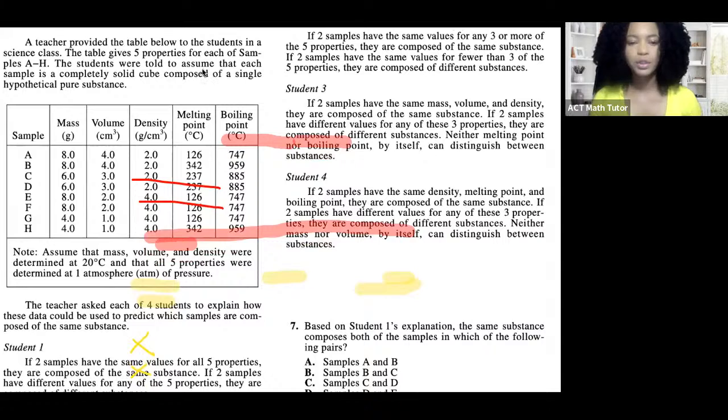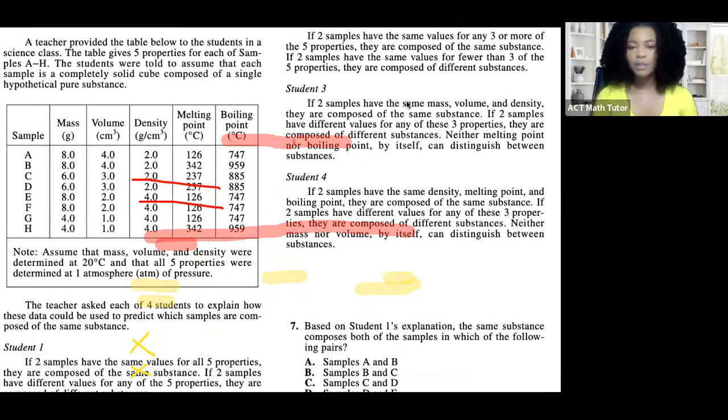Student 2 says, if 2 samples have the same values for any 3 or more of the 5 properties, 3 or more, density is just one thing. That's not 3 or more. So really, I've eliminated G as well, but let's just look at student 3 anyway.